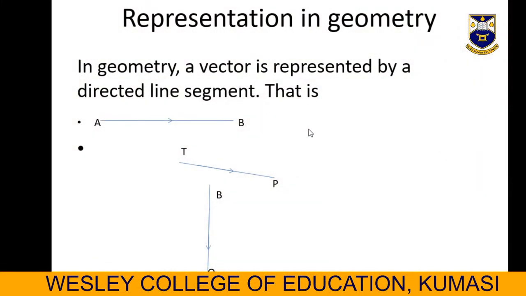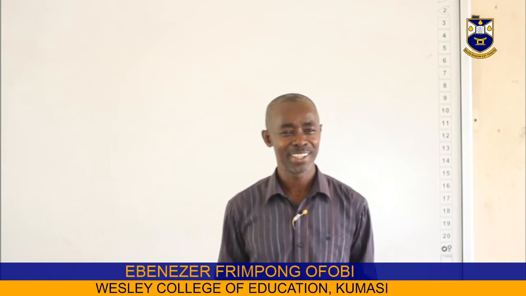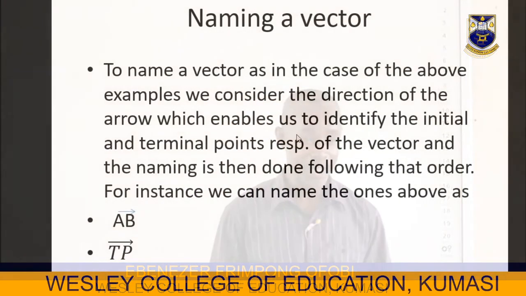Now, look at the drawings that I've indicated on the screen. Can you name them if you are asked to name them? How is that done? A critical look at the diagram will show you that we have a starting point and a terminal point if you follow the sense of direction of the arrow.